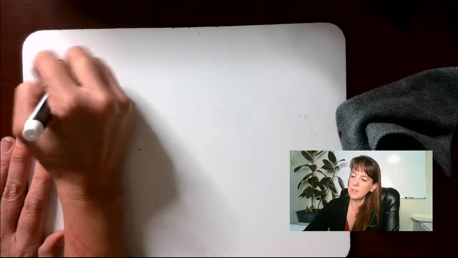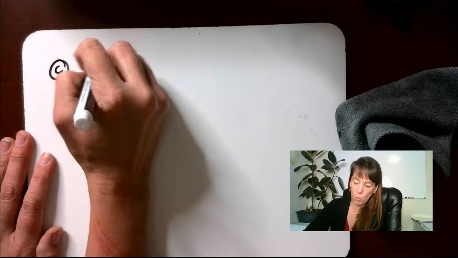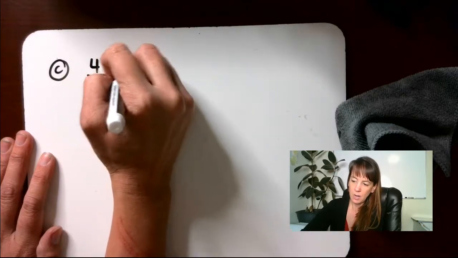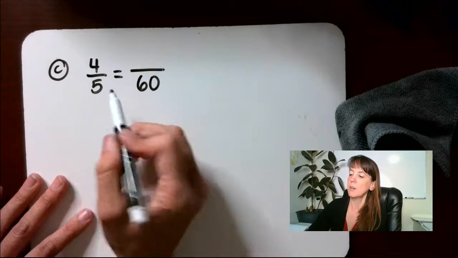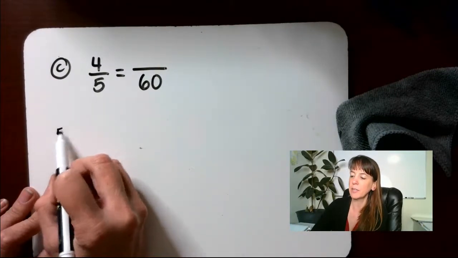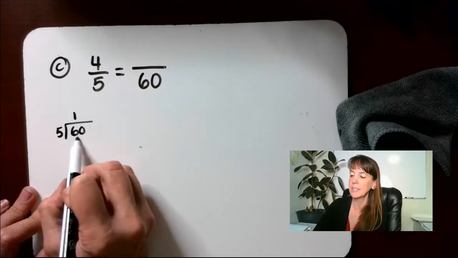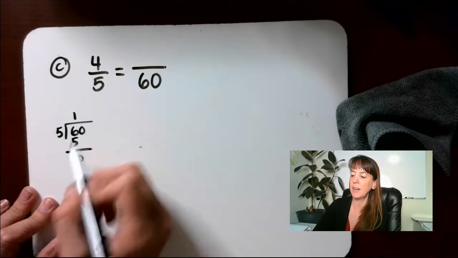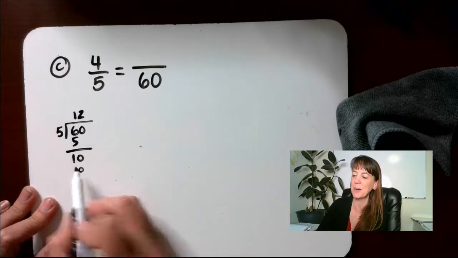All right, let's talk about C. What number is 4/5 of 60? Of goes in the bottom, right? So 5 times, let's do some math over here. 5 goes into 60 by doing 1. That's 5, 10, 5 goes in, 5 times 2 gives us 10 with no remainders.